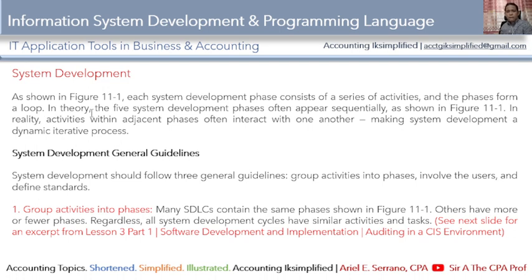In theory, the 5 system development phases often appear sequentially, magkakasunod, but in reality, yung mga activities within adjacent phases often interact with one another, making system development a dynamic, iterative process. Ibig sabihin ng iterative ay repetitive or paulit-ulit.